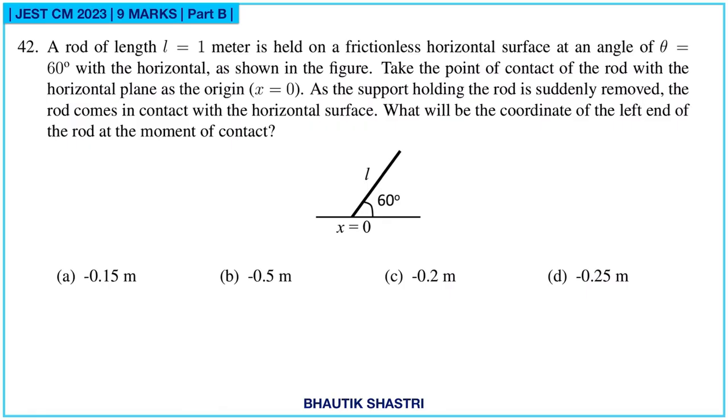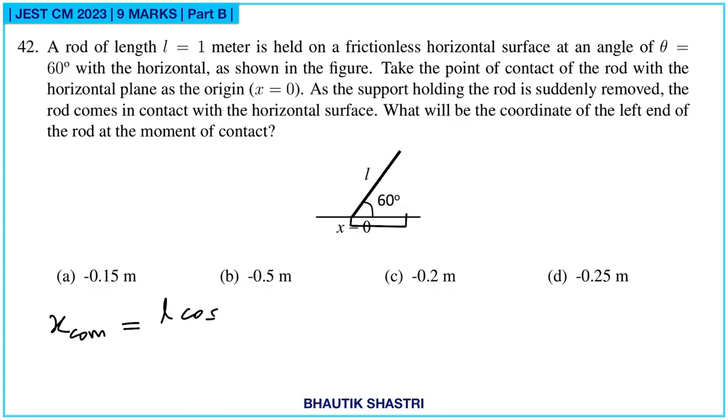So we'll calculate that. Okay, so length of rod is given, it is half, and if I consider X COM, then that will be equal to, horizontal part will be, this is L, this is cos theta, so L cos theta by 2.